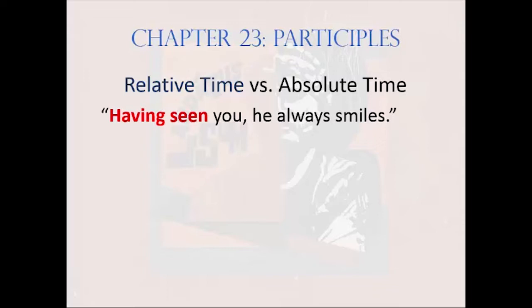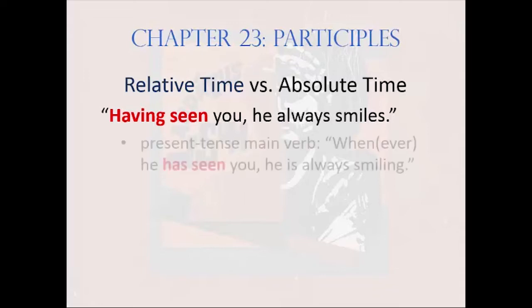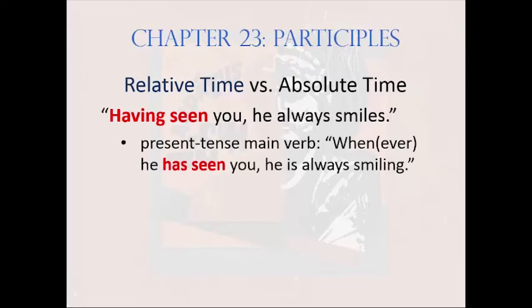Turn the participial phrase, "having seen you," into a "when" clause. Good. "When or whenever he has seen you, he always smiles or is smiling." The participle having seen is -1, which, when combined with smiles +0, equals -1, has seen.